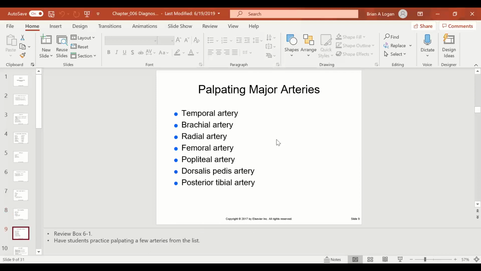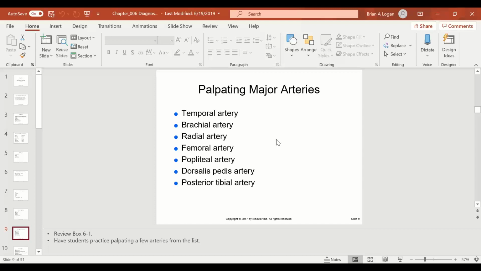Your temporal artery is up here on either side of the eye, right? In the temporal space, your temples. Brachial artery, upper arm, right on the inside, just below the bicep. Radial artery in the wrist, right?